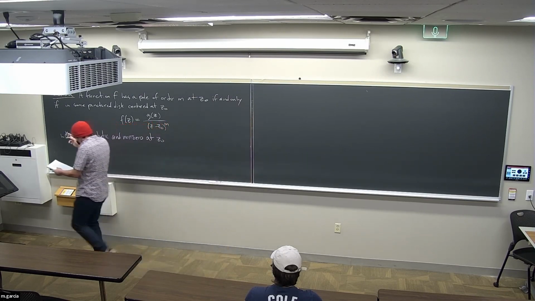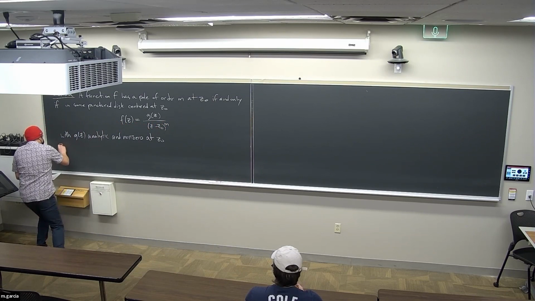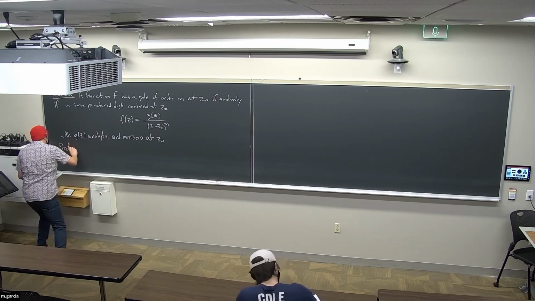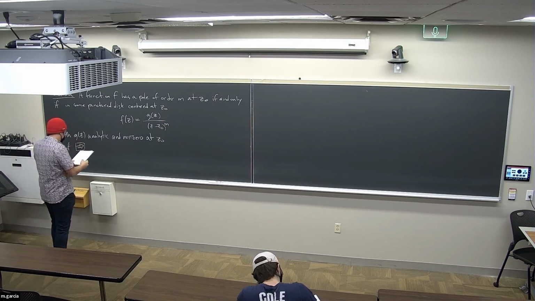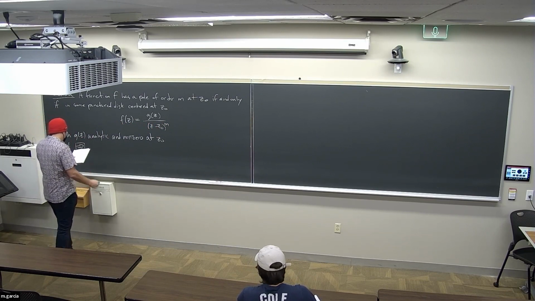The proof of this is relatively short. Let's go through it. First, the forward direction: we'll assume f has a pole of order m at z naught.